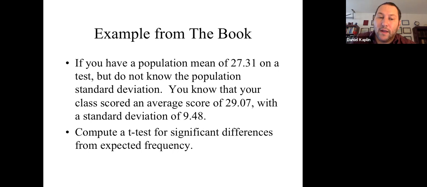You know that your class scored an average of 29.07 with a standard deviation of 9.48. So the instruction is to compute a t-test for significant differences. So I'm going to pause the lecture, set up the board for our one sample t, and we're going to go from there.